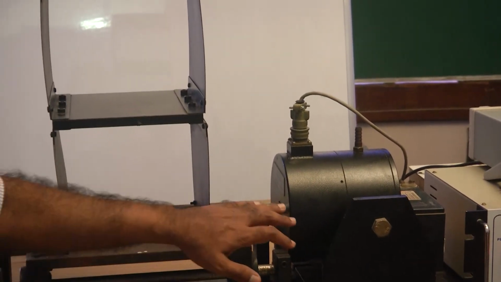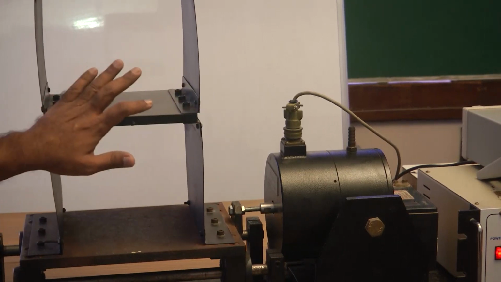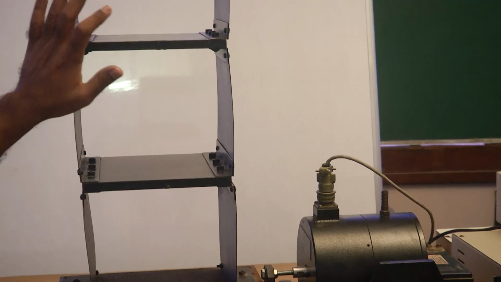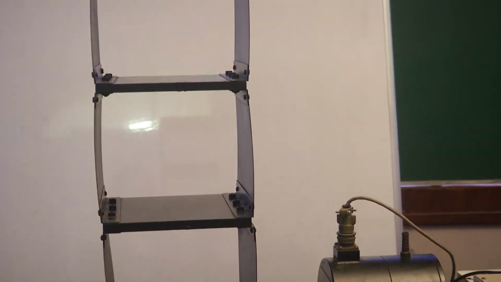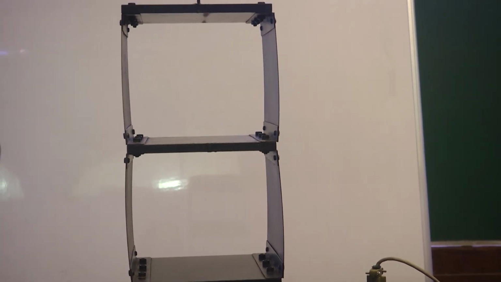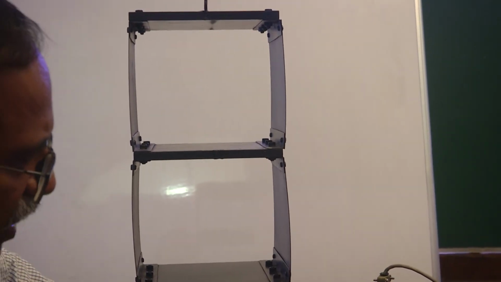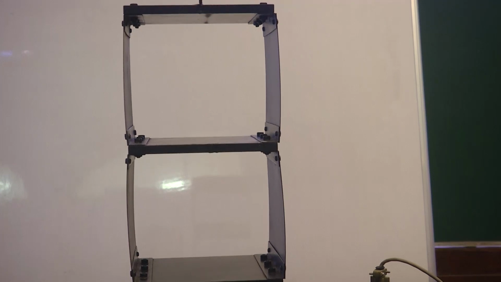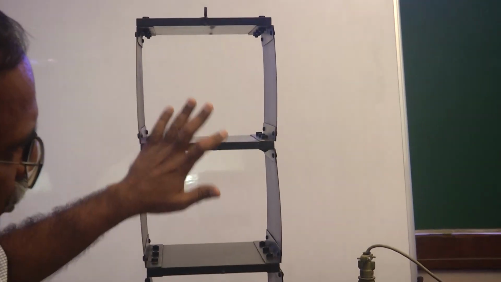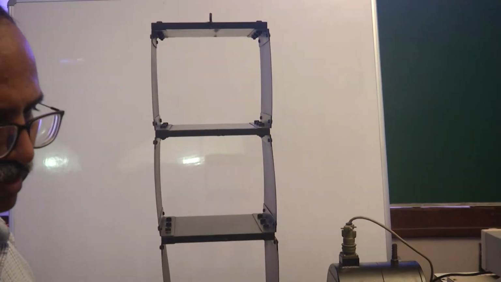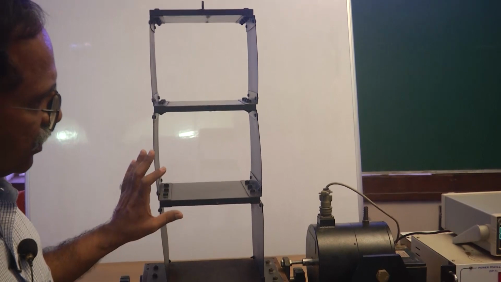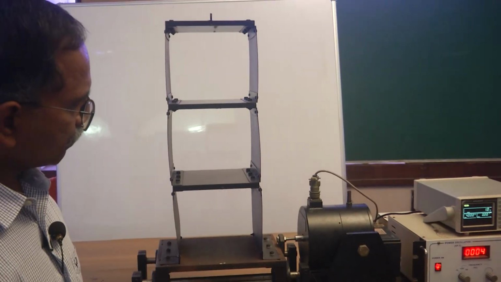So, if the excitation frequency matches the first natural frequency, then the mode shape corresponding to the first natural mode will be evident and observed in this multi-degree of freedom system. If you match the excitation frequency to the base equal to the second natural frequency, then the mode shape corresponding to the second natural mode will be observed as a vibration response here.